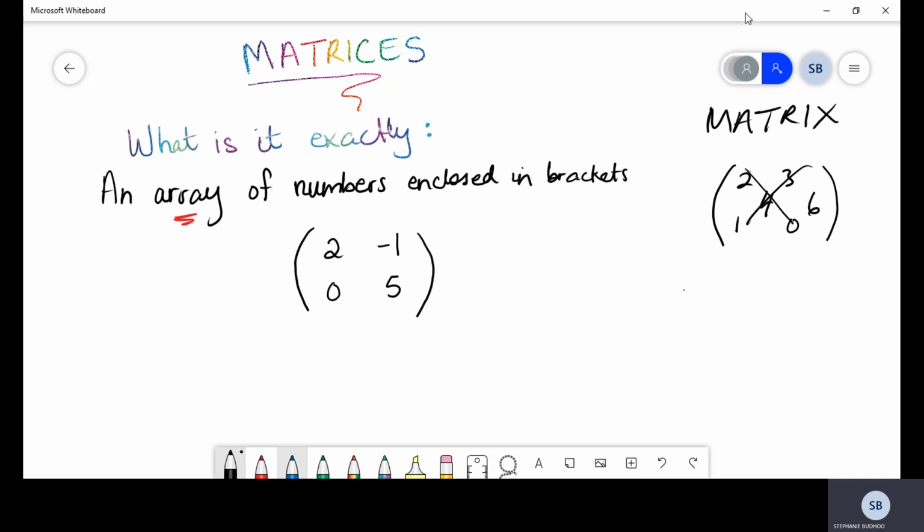Well, yes. If you guys can remember, when you are writing numbers horizontally, going in that x-axis direction, these are said to be arranged in a row. And also, if you were to observe these numbers 2, 0, written one above the other, these numbers are said to be arranged in a column.